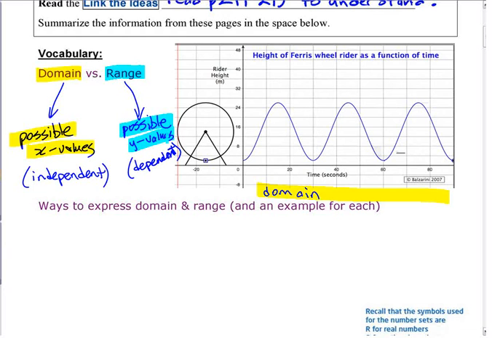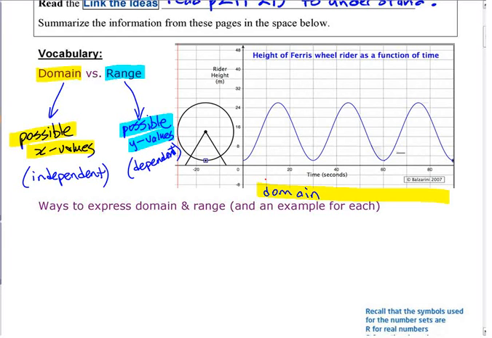What they're going to forget, or not be sure of, is which one's which. If you want a way of remembering it, this is how some people do it: D comes before R in the alphabet, and X comes before Y in the alphabet. If that's the way you want to remember it, that's fine, because you don't want to get it backwards, right?